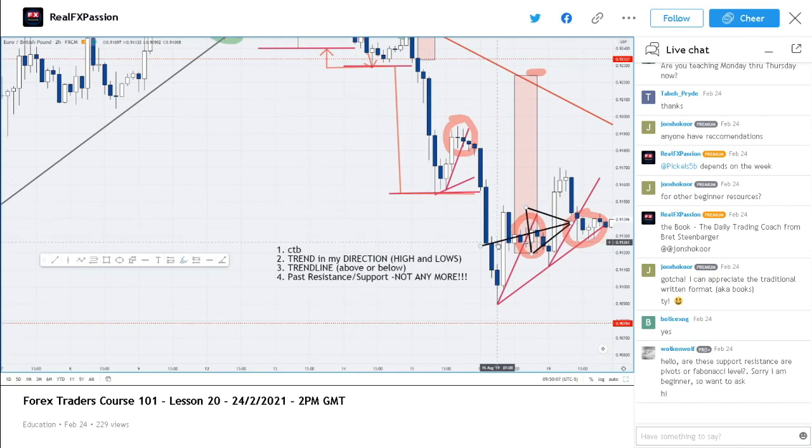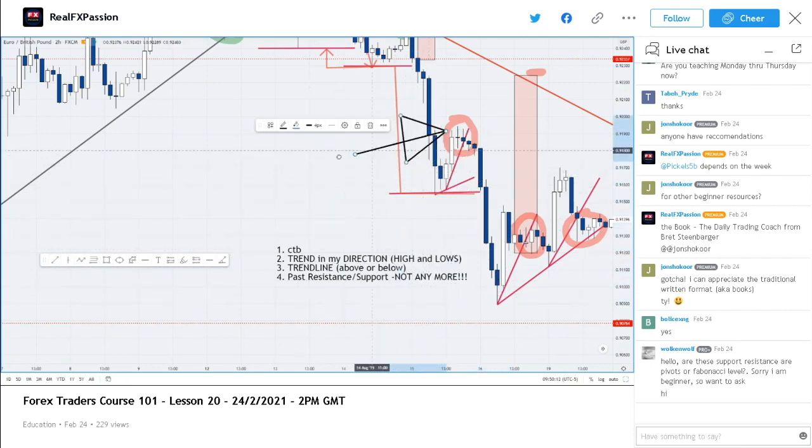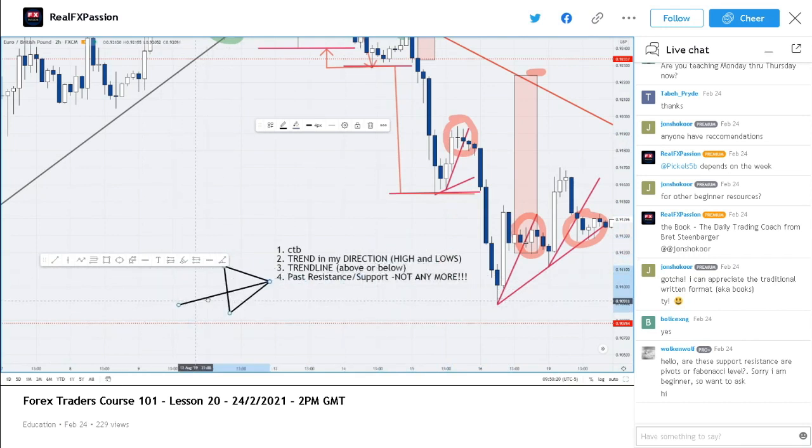Everybody, I didn't take this trade in here. I lost the opportunity. I didn't take this trade because I was following the rules. I changed my mind in order to make more money, and the market went against me, and I have another entry. So I have counter trendline break number 1, number 2, trend in my direction.